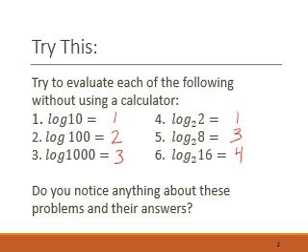The answers are 1, 3, 4. Those aren't necessarily in order. But if you took some time and thought about it, I would hope that eventually you might notice that the first two answers add up to the second answer. In other words, 1 plus 3 is equal to 4. And actually, the same is true with the first three problems. 1 plus 2 is equal to 3.